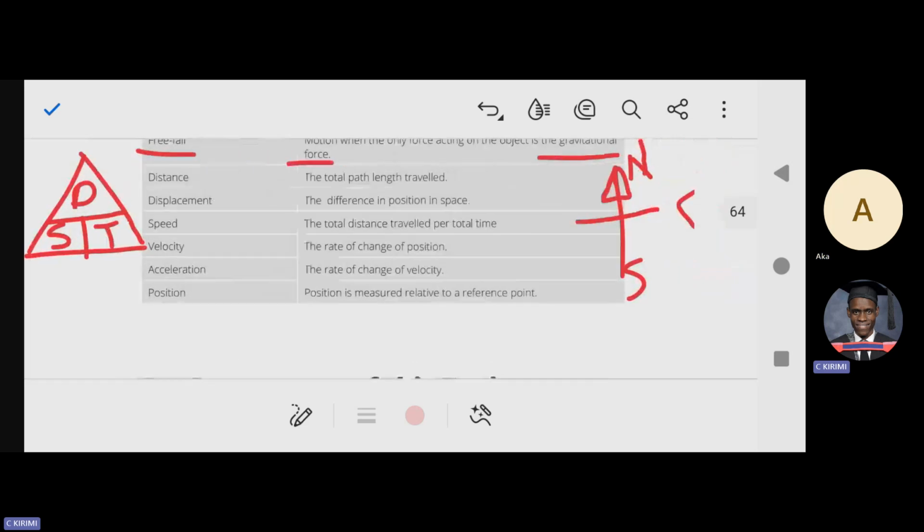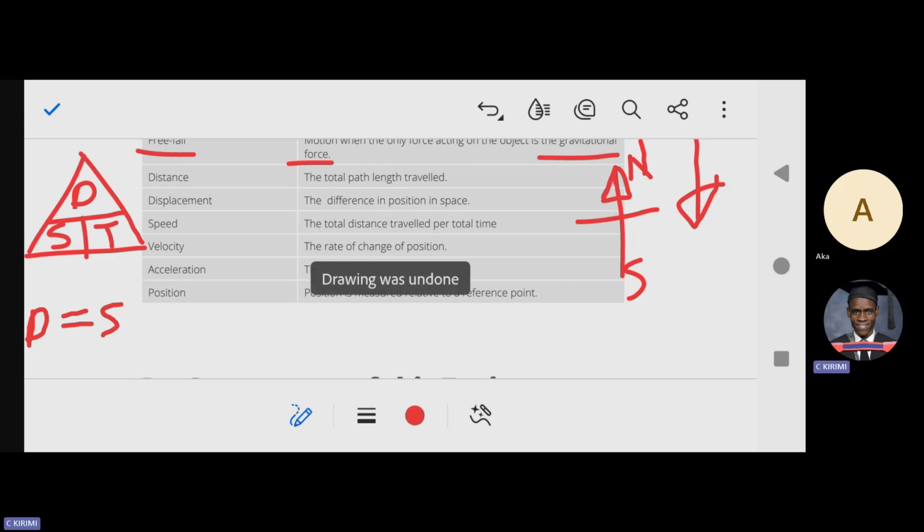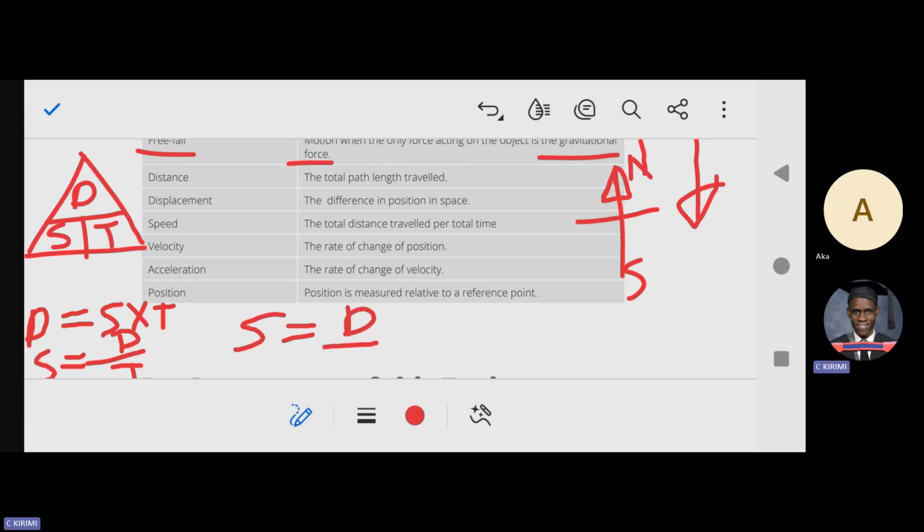How do you use that formula? If you want D, you say D is equal to speed times time. That's how you interpret the formula, speed times time. If I want speed, D becomes the numerator, then the time, the total distance. So speed is D over T, like that.